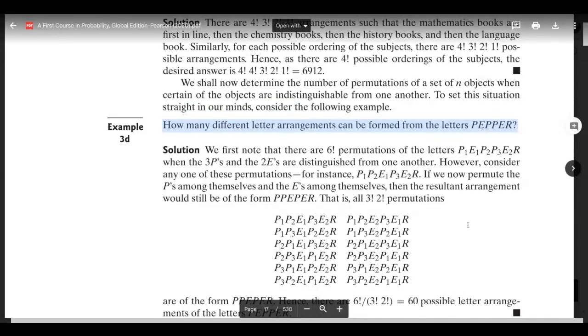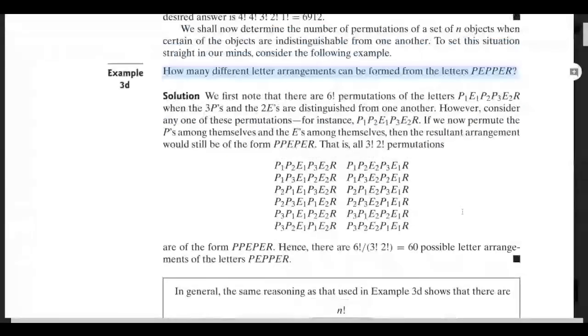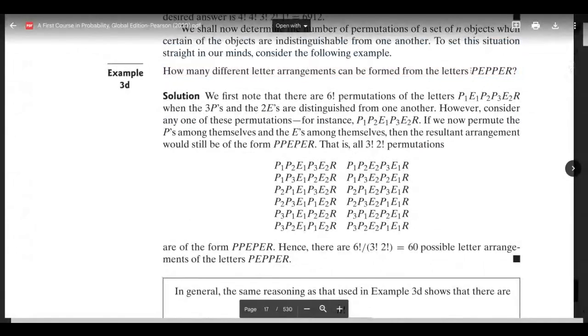So for P's, in total, first we don't care about the same P's and the same E's. So we would have 1, 2, 3, 4, 5, 6 letters. That's 6 factorial. But then we have 3 P's and 2 E's. That means we overcount.